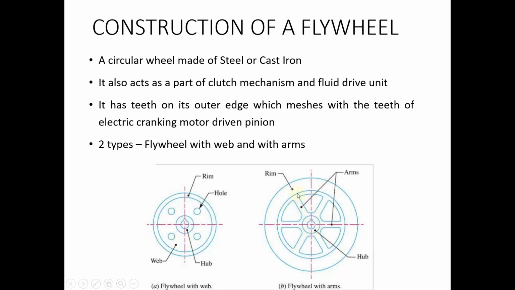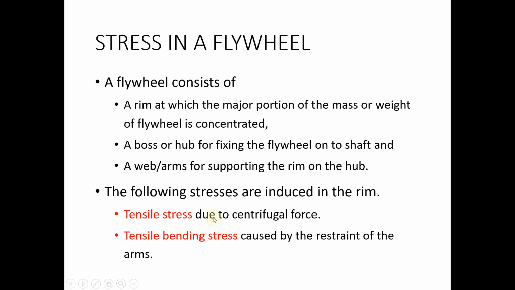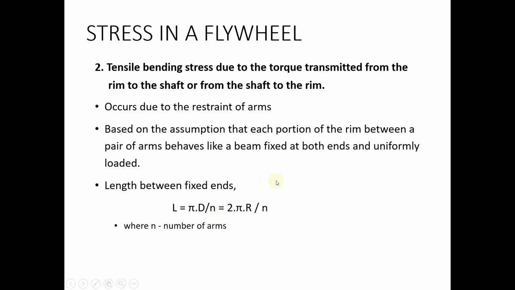So one end of the arm is attached with the rim and the other end is attached with the hub. So it acts as a uniformly distributed loaded beam, UDL beam, with both ends fixed.